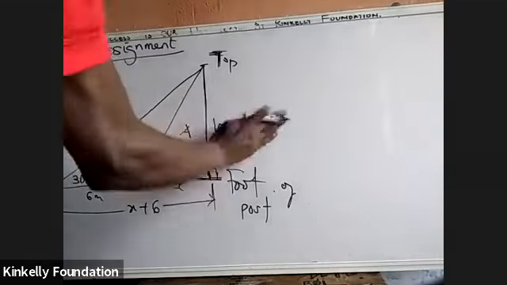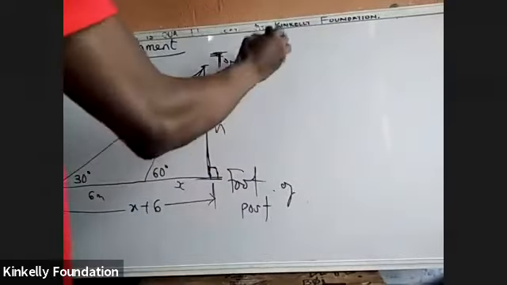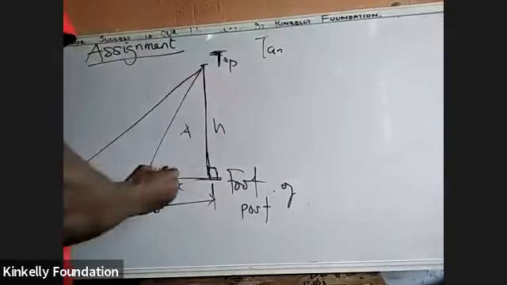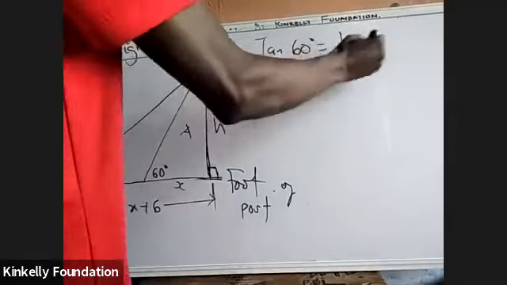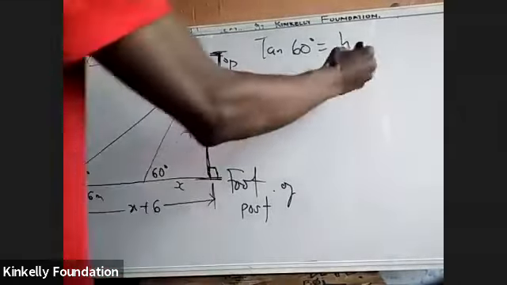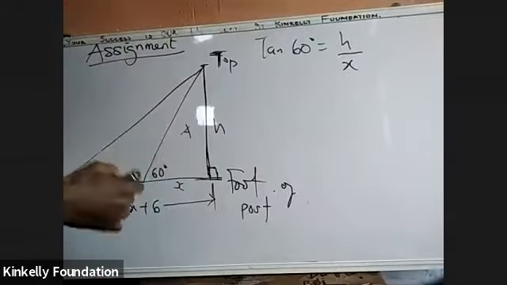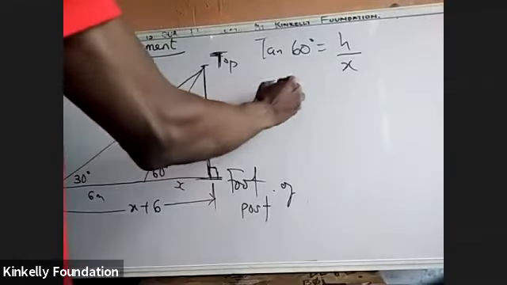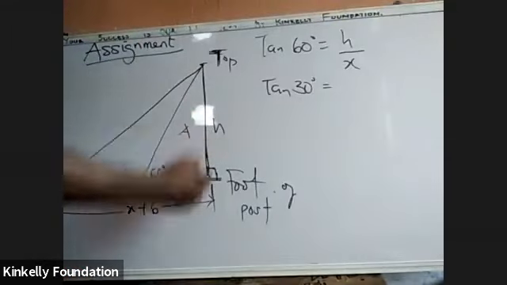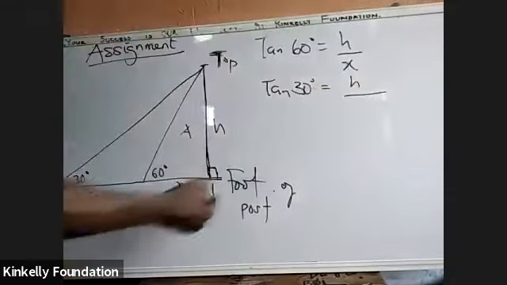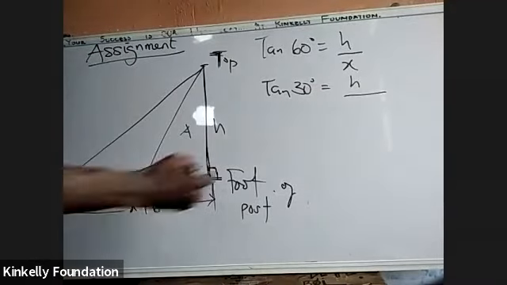Now, using our trig ratios, tan 60 degrees is equal to opposite over adjacent, and also tan 30 degrees is the opposite over the adjacent.